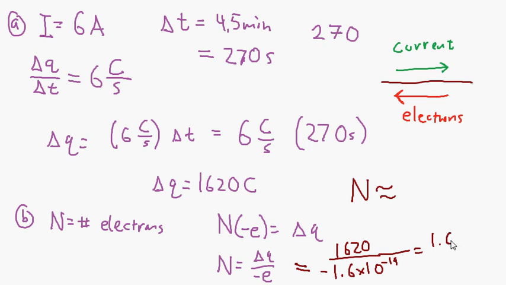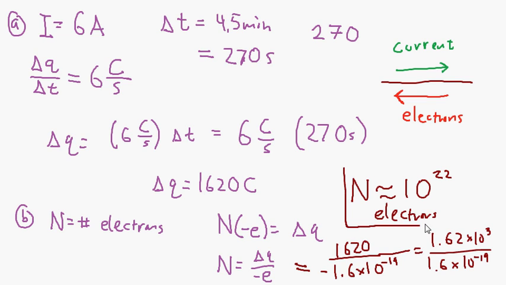I'm going to say 1.62 times 10 to the third over 1.6 times 10 to the minus 19. And so that means n is going to be about 10 to the 3 minus 22 electrons. Okay, that's the number I think we have, and I'm sticking by that.